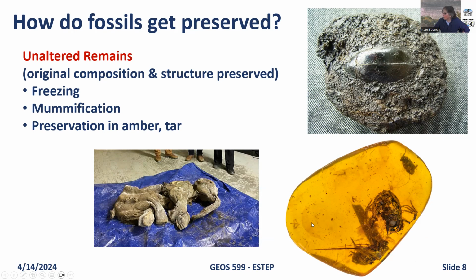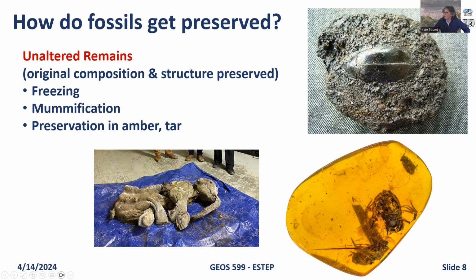So on the lower right here, we've got a bit of tree resin, and that is called amber. And inside that tree resin, we have some insects that have been preserved. And they've been able to extract DNA from some insects that have been preserved inside amber.